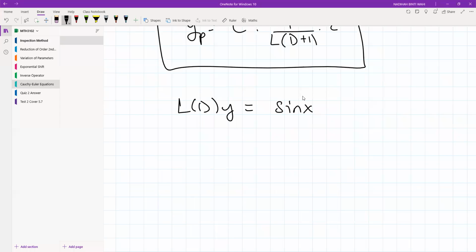Tapi macam kalau kira LD tu, kita dapat 1 per D kuasa 2 tambah D tambah A kuasa 2 sin BX. Boleh ke? Sekejap.